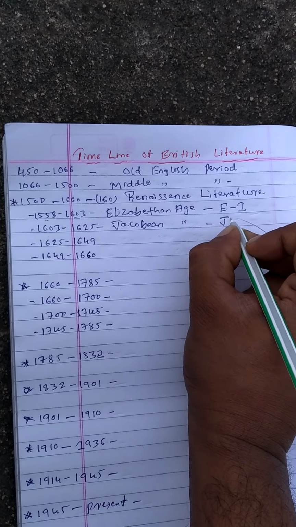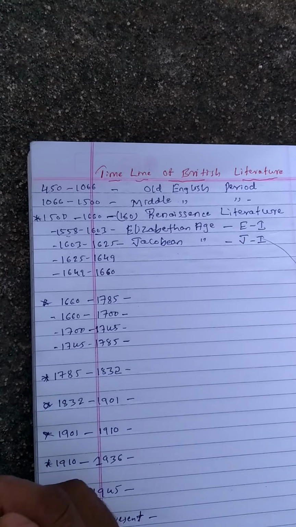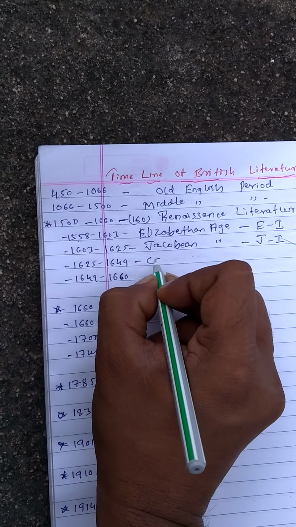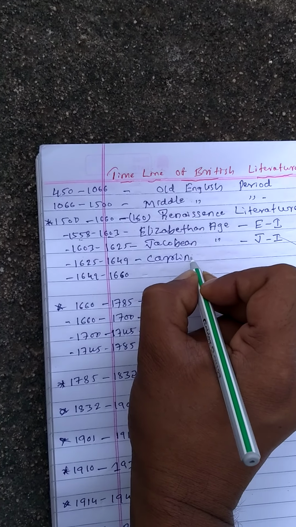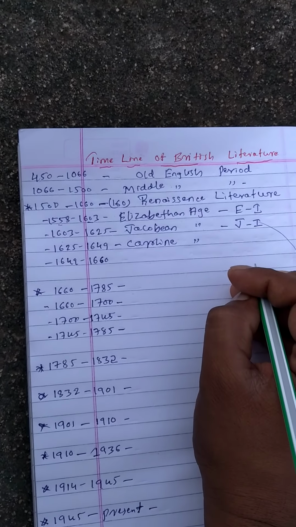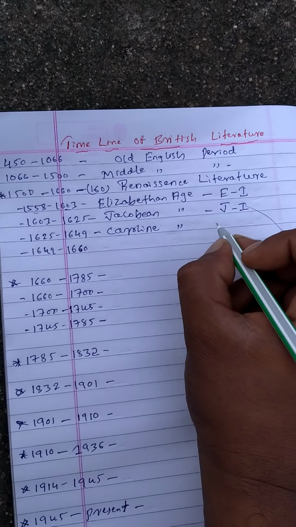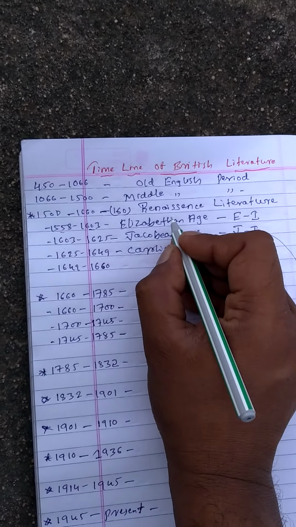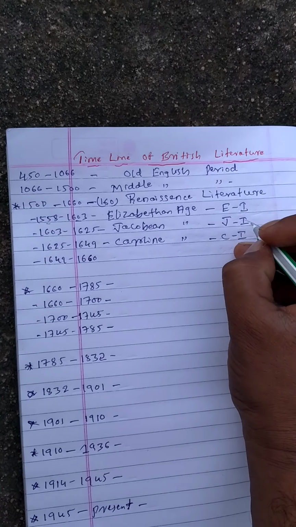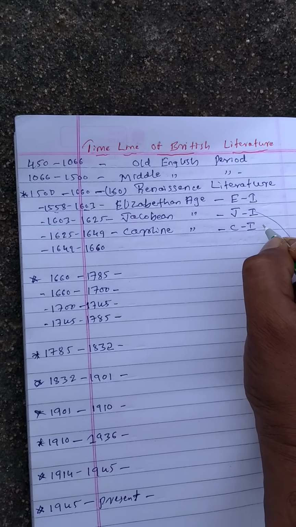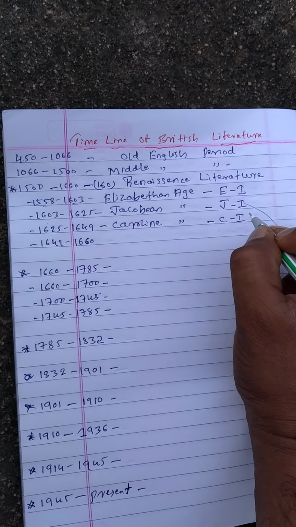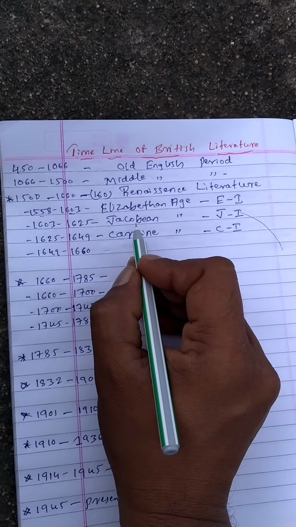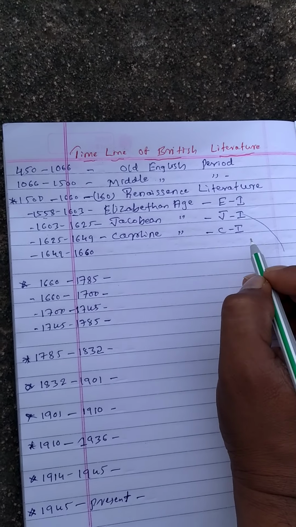Here the ruler is James I. 1625 to 1649 is called the Caroline age, and here the ruler is Charles I. Elizabeth is the queen and these two are kings. You will come to know how they entered England at the time of the discussion of the literature.